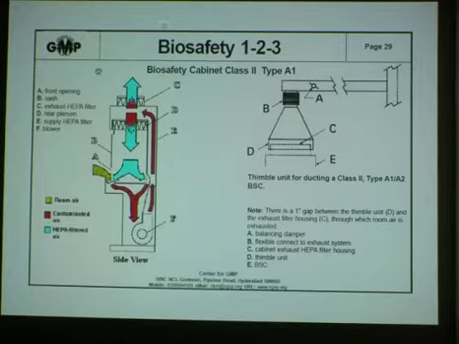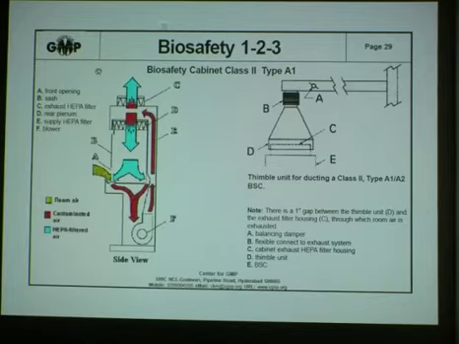Now, as I said, the air from the biosafety cabinet, which is being exhausted through a HEPA filter, could be released back into the laboratory so that the air distribution in the laboratory is not disturbed. But if you wish to exhaust this air to the outside, then you don't hard connect the duct. What you do is use a kind of a cap. It is called a thimble unit. And that cap does not touch the biosafety cabinet.